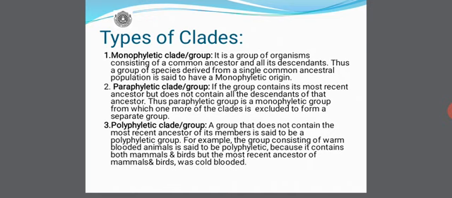For example, the group consisting of warm-blooded animals is said to be polyphyletic because it contains both mammals and birds, but the most recent ancestor of mammals and birds was cold-blooded. So in this sense, it is referred to as a polyphyletic clade or group.